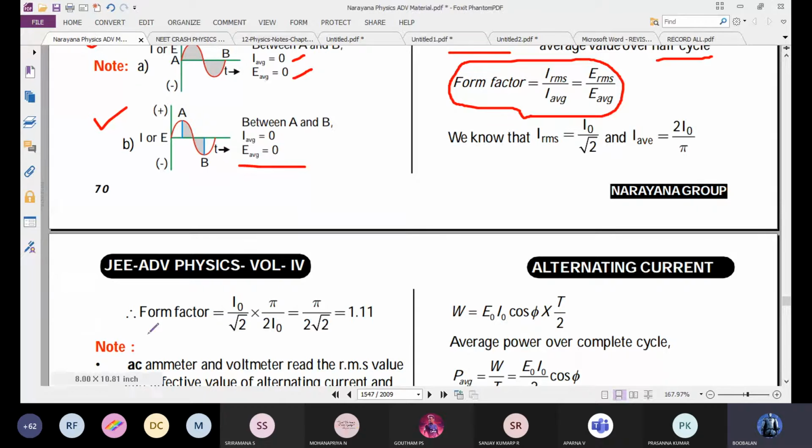The form factor value is 1.11, because we know the I RMS value and the I average value. Just applying the values, we will get 1.11.